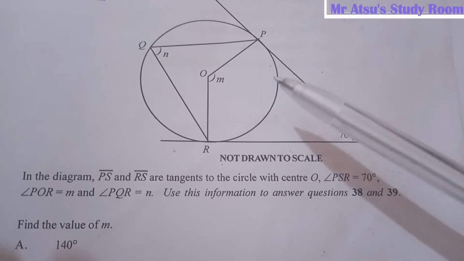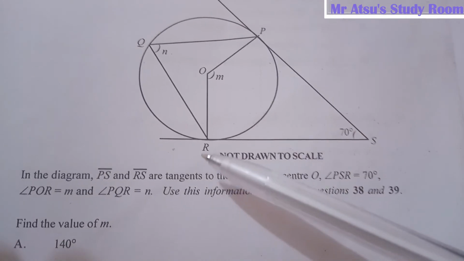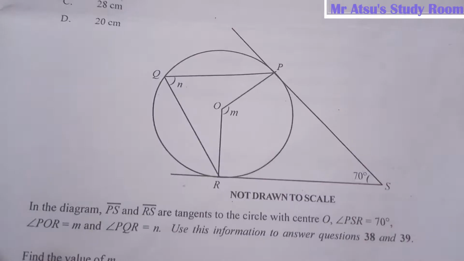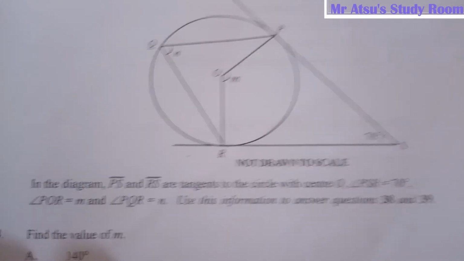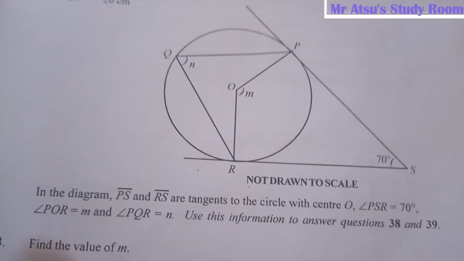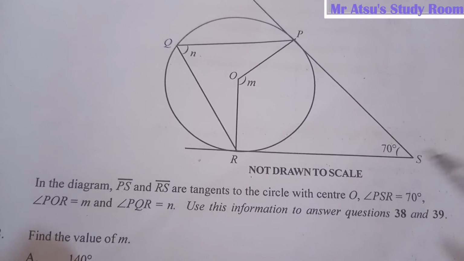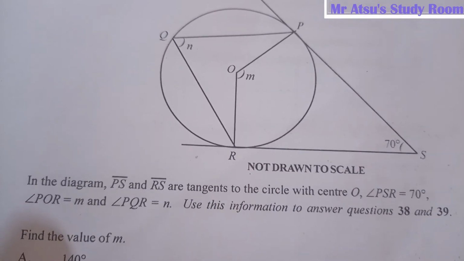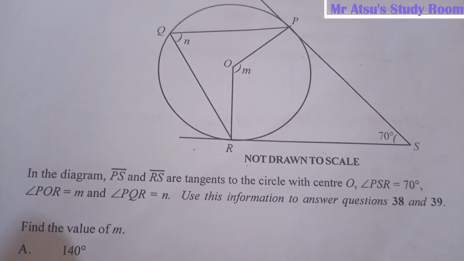So if they are 90, OPSR is a quadrilateral, and the sum of interior angles of a quadrilateral is 360. So when we add 90 plus 90 plus 70 plus M, we should get 360 degrees. And that only means that when we subtract 1, 2, 3 from 360, we should get our M. So that's what we are going to do.